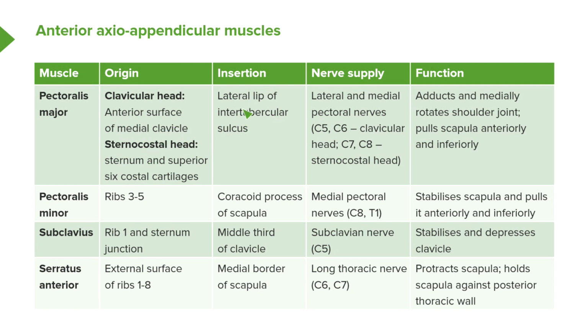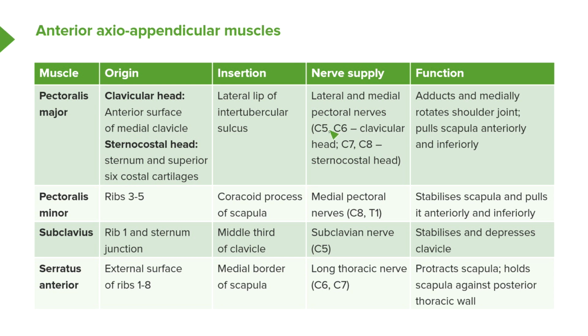And these are going to insert into the intertubercular sulcus, specifically the lateral lip of it, but not between the two tubercles. And the nerve supply to this muscle is via the lateral and medial pectoral nerves, and these are branches that are coming from the brachial plexus, which we'll see.